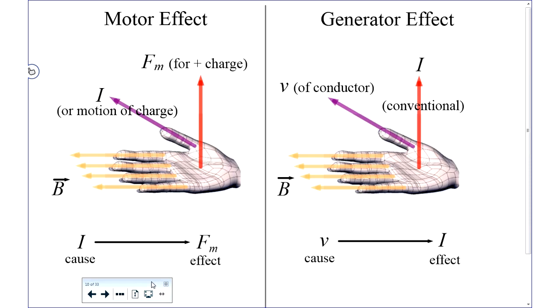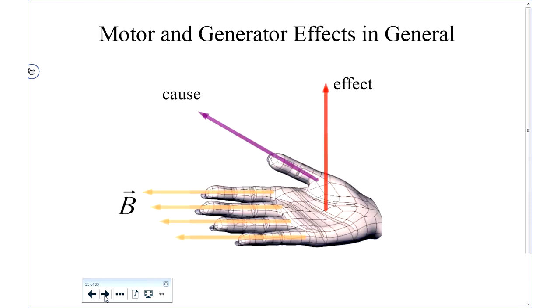In other words, we can combine these two right-hand rules to simply say that in the motor or generator effects, the cause is in the direction that your thumb is pointing, and the effect is out of the palm of your hand.